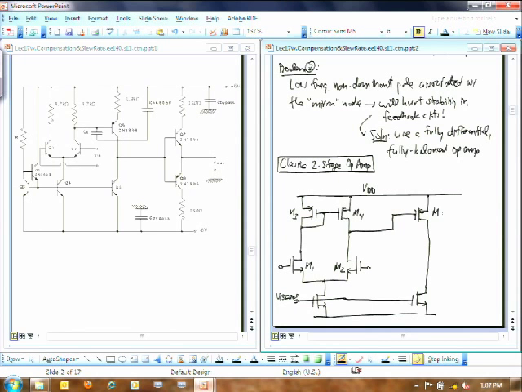And it turns out that in the actual implementation of this is the main circuit that does all of your biasing for you. But it turns out that you have to add a capacitor to this right here that I'm going to call C sub C. And that capacitor is what's called the compensation capacitor.